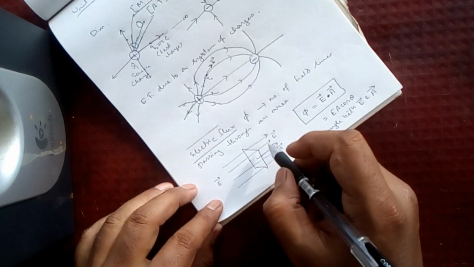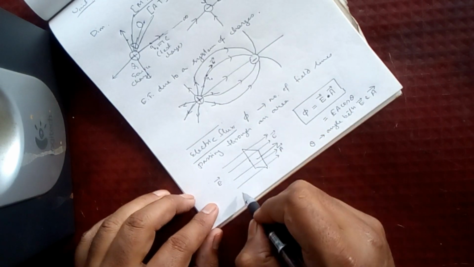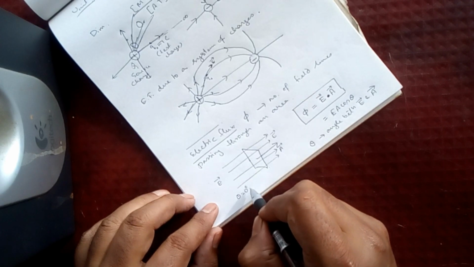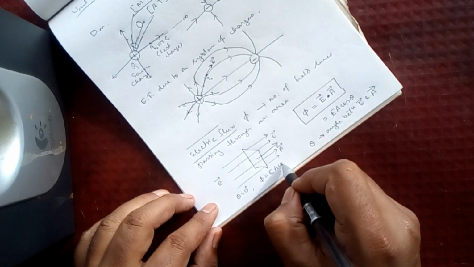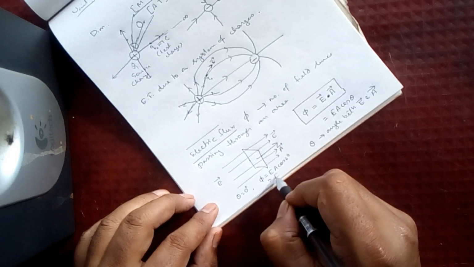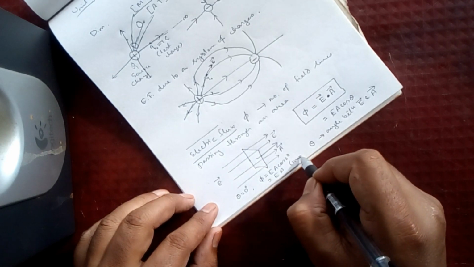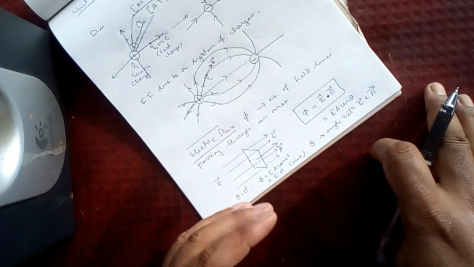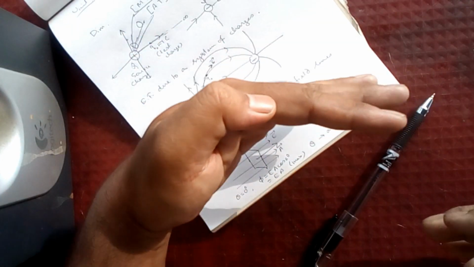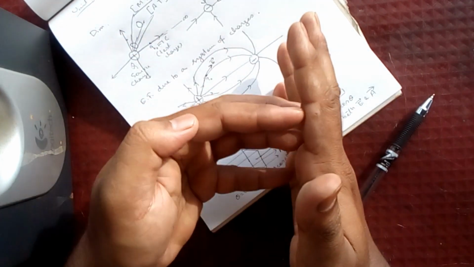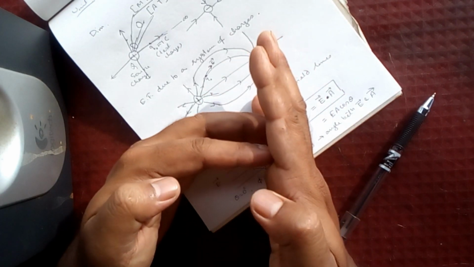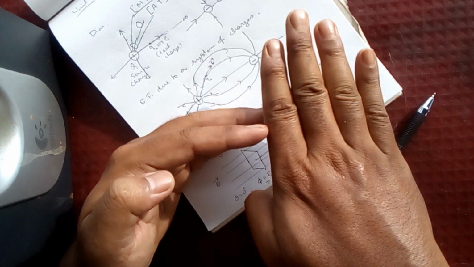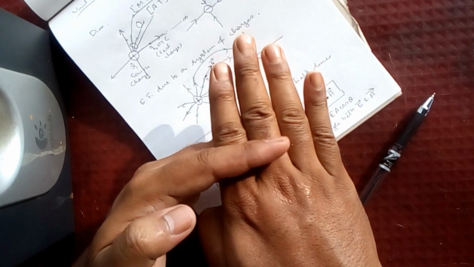In this case the angle between E and A is 0 degrees, and flux will be EA cos 0 degrees, which is EA, and this is the maximum value. So if the electric field lines are going like this and I put the area like this, all the field lines are going to pass through it, and that will be the maximum flux through this area. If I keep the area like this, then the minimum number of field lines will pass.